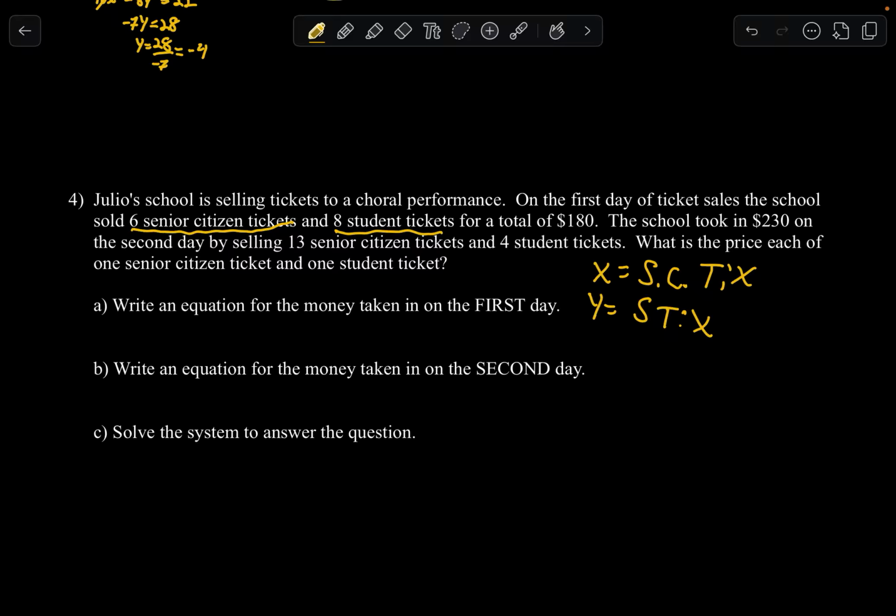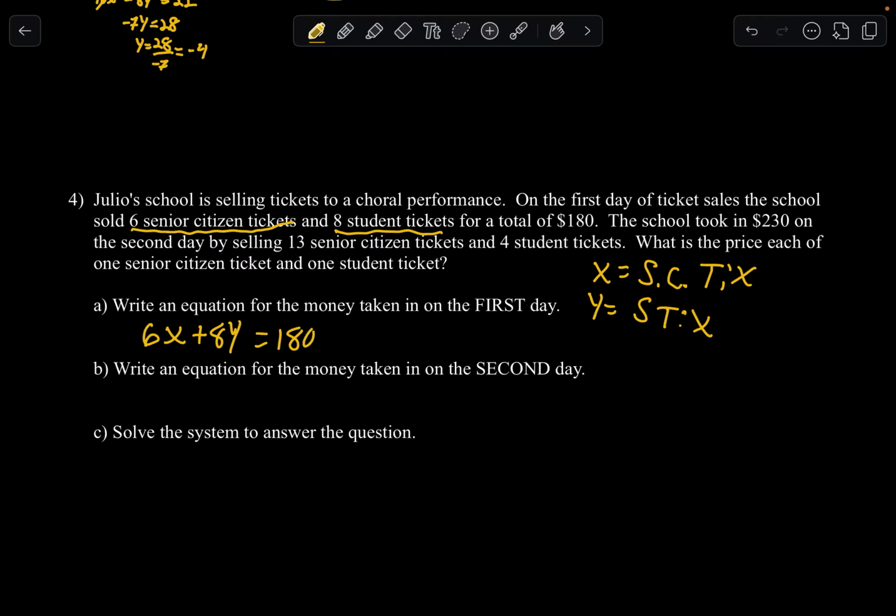So write an equation from the money taken in on the first day. Well, the school sold 6 senior tickets, so that would be 6x, plus 8 student tickets, which is plus 8y, and that's got to equal the total of $180.